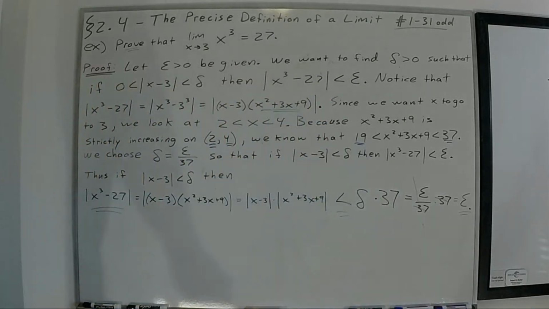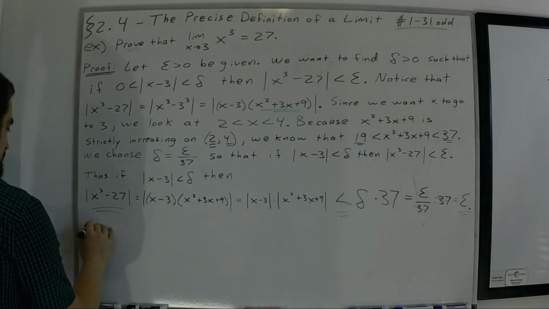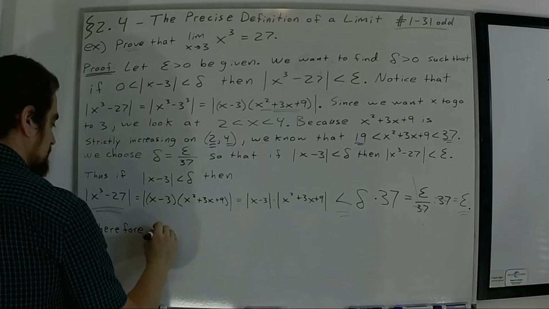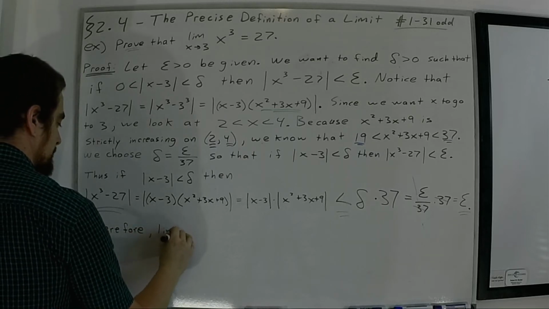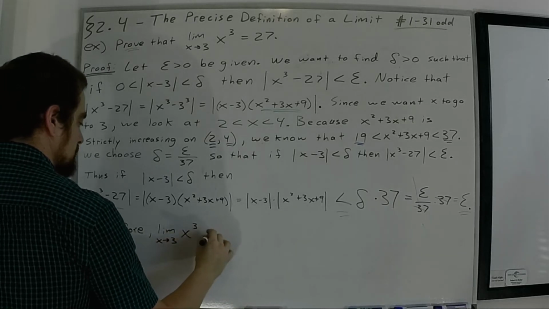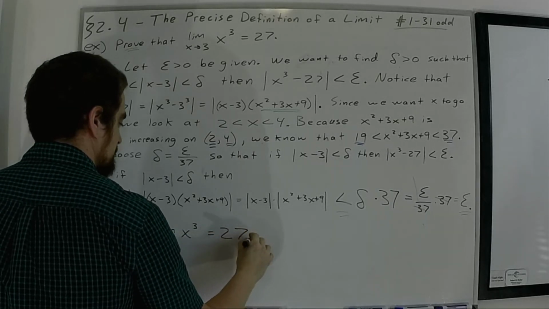And that is the definition. So now we're good. Therefore, the limit as x goes to 3 of x cubed must be 27.